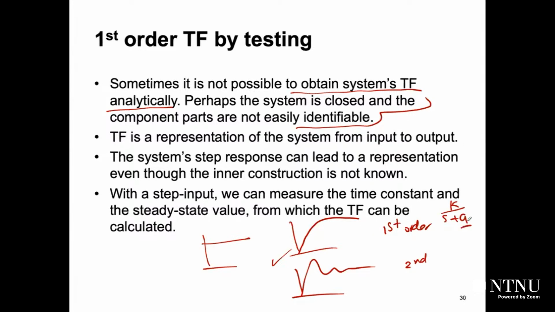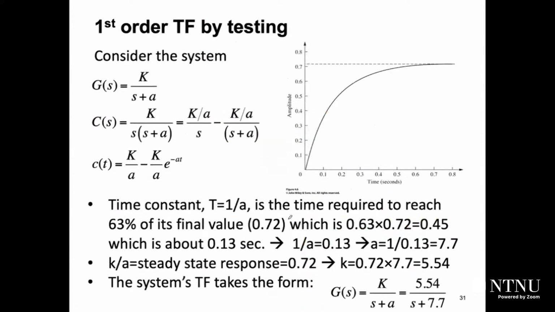I need to find a and I need to find k. From this response, we see when the output reaches 63% of the final value, and this will be my time constant. Once you find this value, you can find a, because a will be 1 divided by T. After that, we get k, because k will be this value divided by the input.